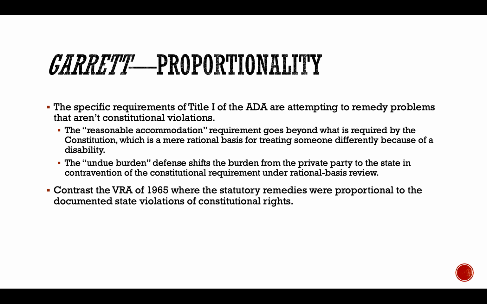The way to see the supposed lack of proportionality here, according to the majority, is to contrast this statute, the ADA, with the Voting Rights Act, which is a statute that was upheld as a valid exercise of Congress's enforcement power.